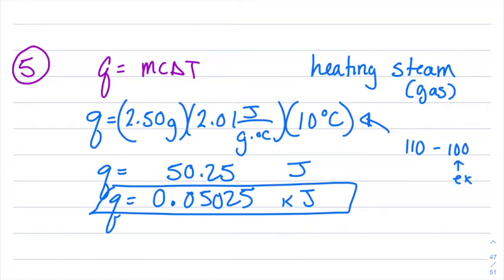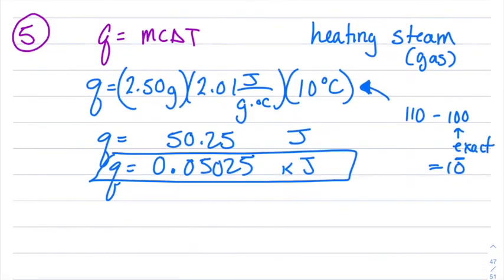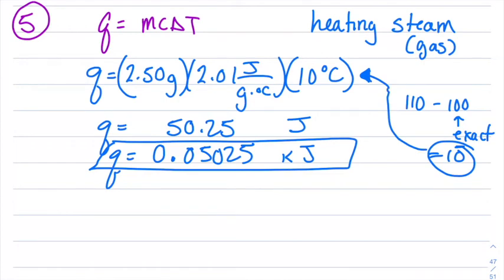If this one is exact, and this is a whole number, I'm going to go with 10 being 2 sig figs. So we didn't really have a good value right here. I really should have had 110.0. So I'm just going to estimate it as 2 sig figs. So I apologize, that's not a really solid answer on those sig figs. I should have done better with that 110 there. So I'm going to say that 10 is 2 significant figures, and that'll leave us with 2 sig figs here.